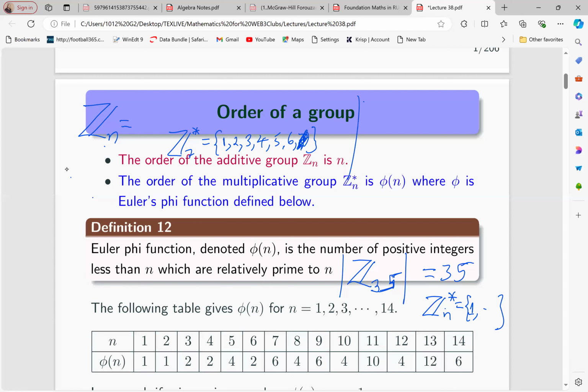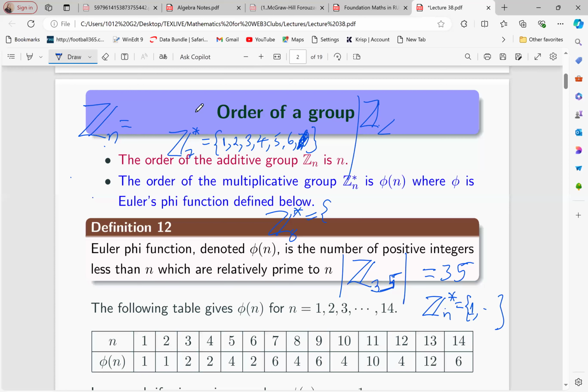If somebody writes Z8 with a star, these are integers mod 8. Then these will be the elements relatively prime to 8. And how many are they? They are 1, 3, 5, and then 7. These are the elements which are relatively prime to 8.